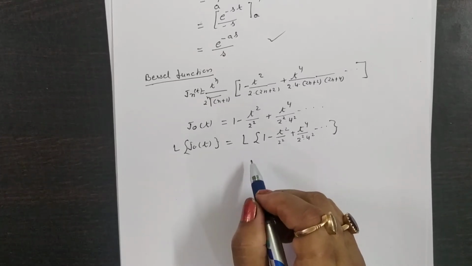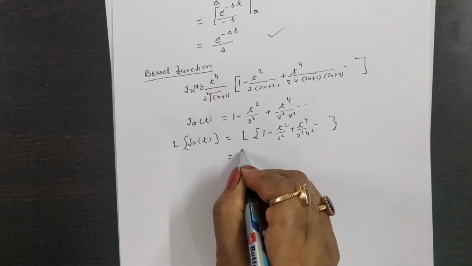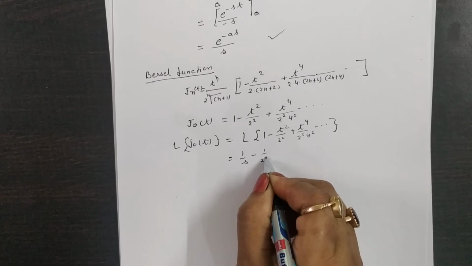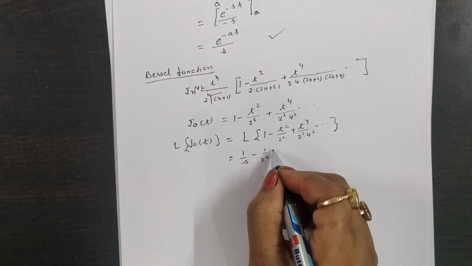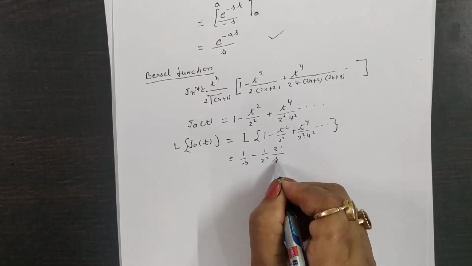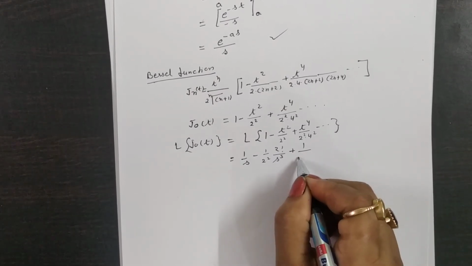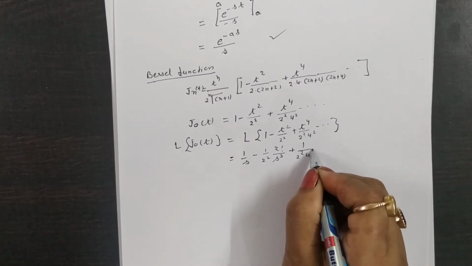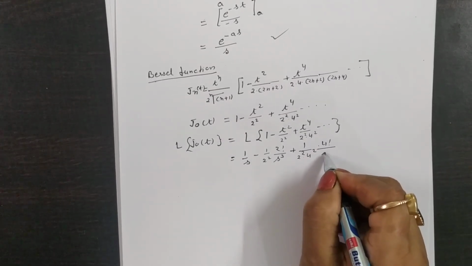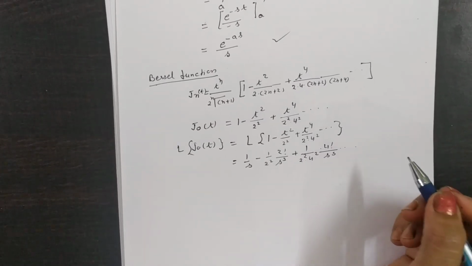Applying the formula for Laplace of t to the power n, this can be written as 1 by s minus 1 by 2 square times factorial 2 divided by s cube, plus 1 by 2 square 4 square times factorial 4 divided by s to the power 5, and so on.